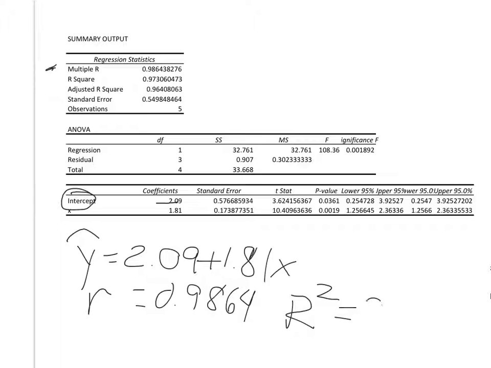And in this case, it's 0.973. Don't worry about the adjusted r squared for our purposes. Okay? Alright, so for the warm-up movie, that's all we need to know right now. And we'll get to some of the other stuff in the next movie. Thanks!